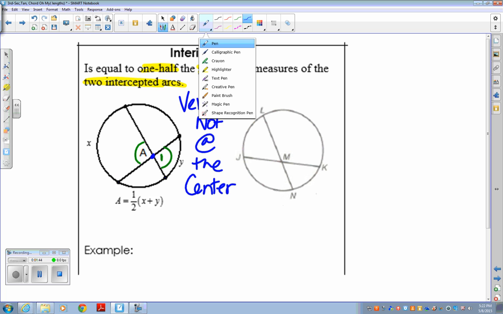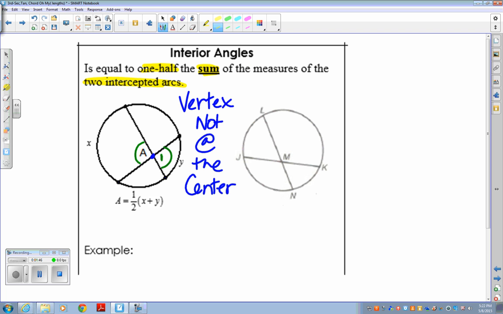If I look at angle A, the intercepted arc is right here, the x. The x represents the measure of that arc, and the arc that goes with angle 1 is your y. So this formula shows that angle A would be 1/2 the measure of adding arc x and arc y together.